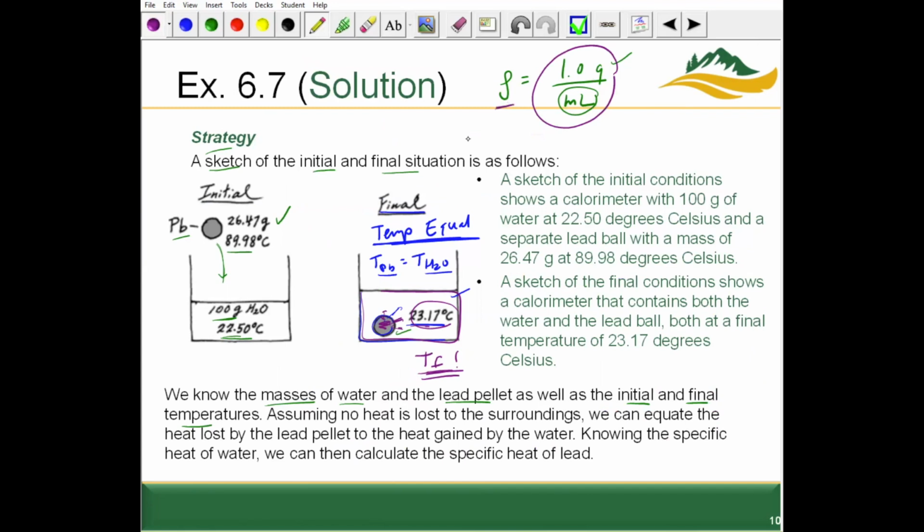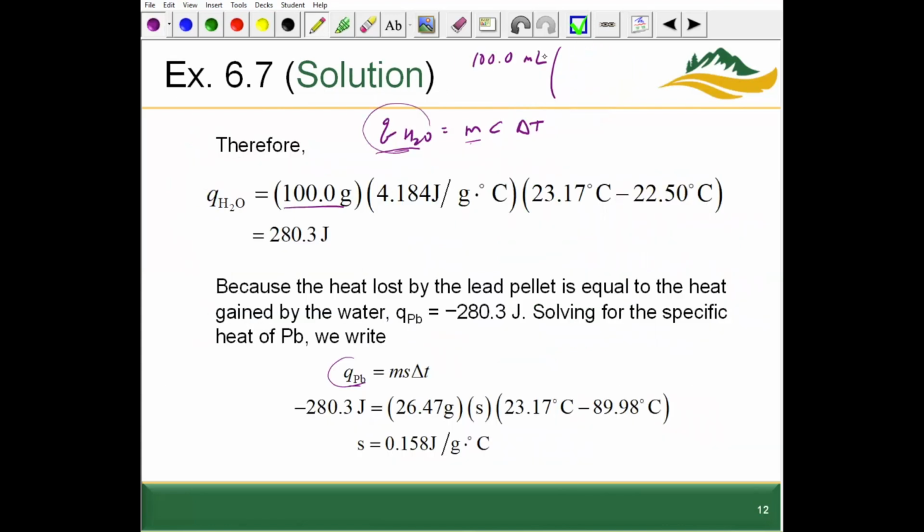This is the symbol rho, also denoted as D. Remember, density is mass over volume. So in order to get grams of water, we take the density, we put grams in the numerator, 1.0 gram per milliliter. Then milliliters and milliliters cancel out. Then we do have 100 grams of water. That's how much 100 milliliters weighs. So that goes in right here.